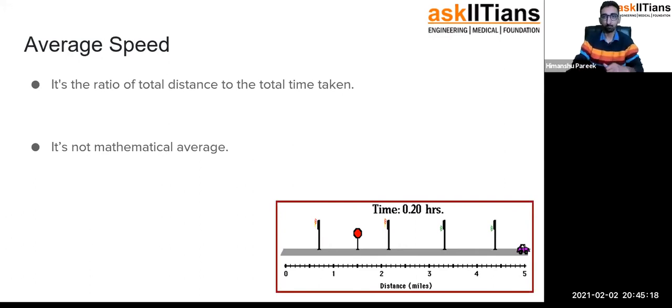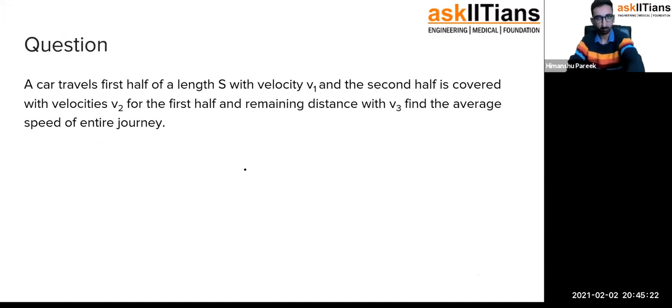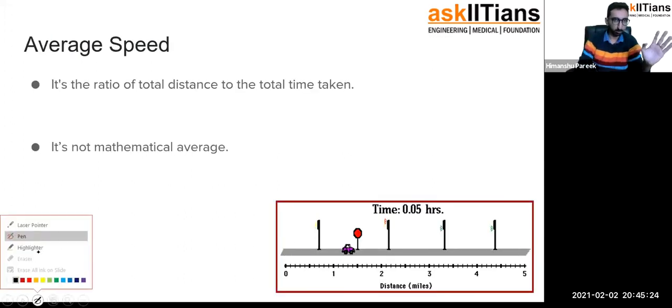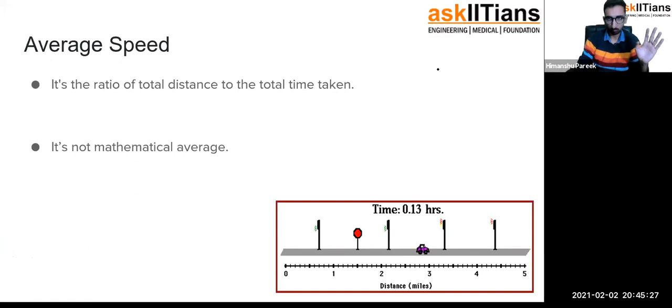Let us see. First of all, I'll start with a question. Let me ask you a very simple question. There is a class of 3 students, and a paper of 100 marks for them.